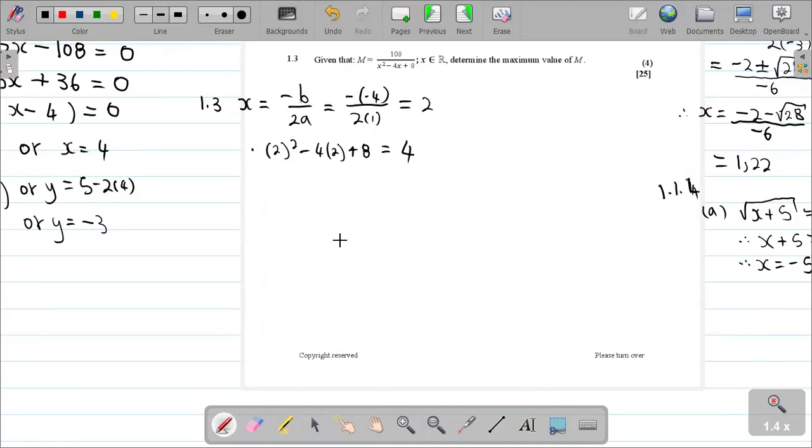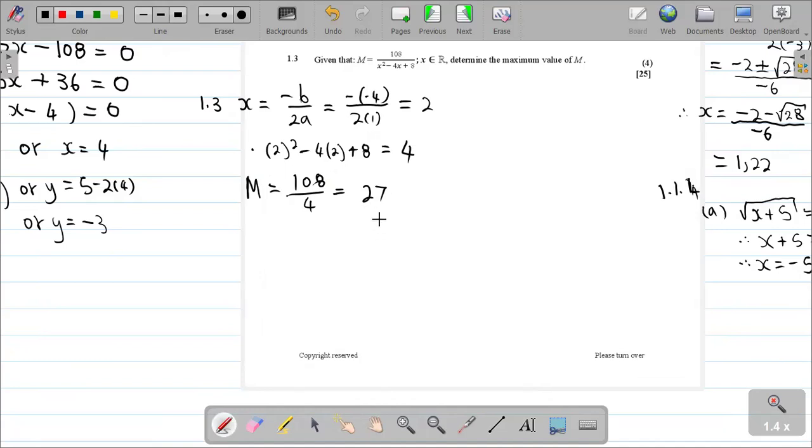Okay, so now it means that the value at the bottom will be 4. So the maximum value of m will then be equal to 108 divided by 4, which is going to be equal to 27 here.